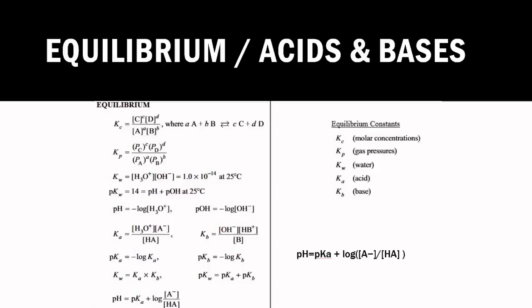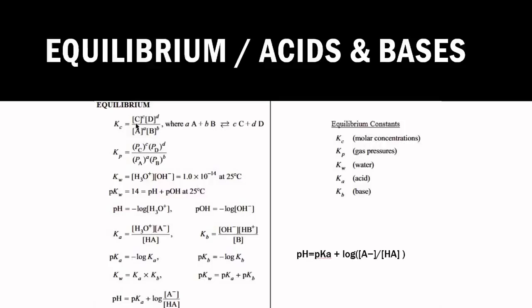Okay. Oh boy. So this is about equilibrium. All of these are about equilibrium constants and all that. Let's just get started here with the equilibrium constant for molar concentrations.